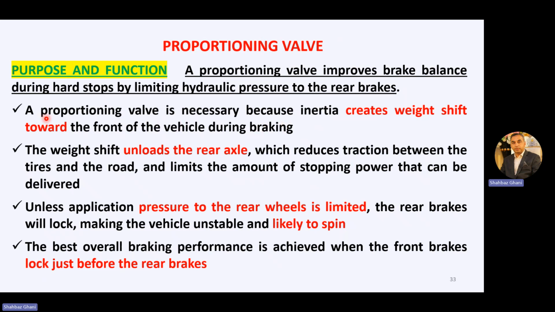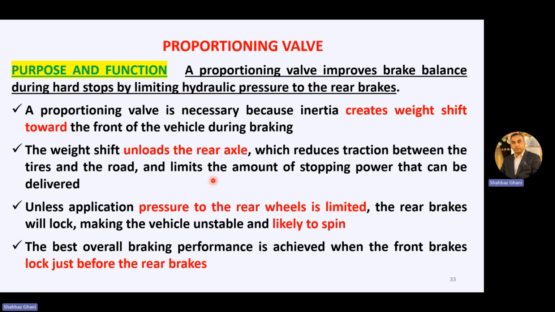That balance is provided by the proportioning valve, which is necessary because inertia creates weight shift towards the front of the vehicle during braking. The weight shift unloads the rear axle. So when the brake is applied, the weight is shifted from the rear axle and it unloads the rear axle, which reduces traction between the tires and the road.